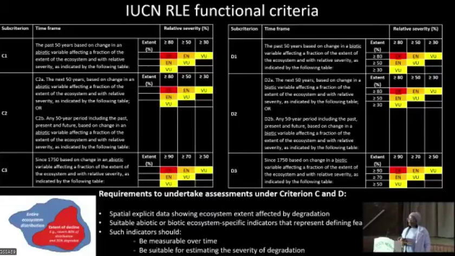And then the other two criteria that focus on the functional changes of an ecosystem are criterion C and D. These criteria are similar in terms of the approach applied to assess, but they are different in the sense that criterion C focuses on environmental degradation, while criterion D focuses on biotic disruption, right? To apply these criteria, you need spatially explicit data that represent the ecosystem extent that is affected by degradation.